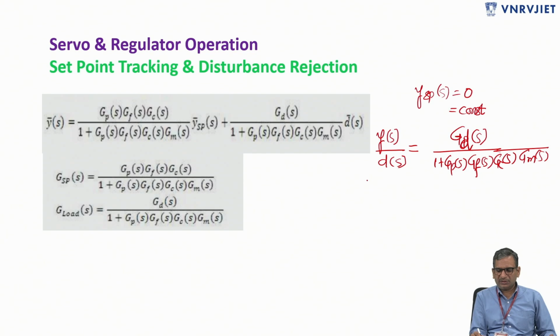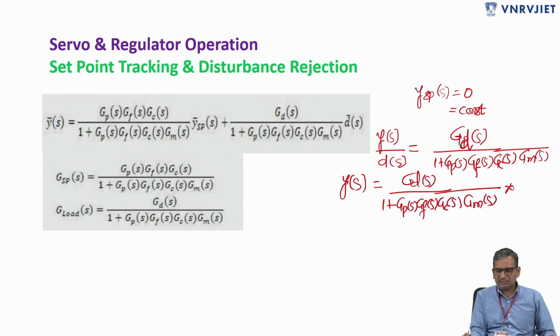If we rewrite the equation in terms of output, we'll get Gd(s) divided by 1 plus Gp(s), Gf(s), Gc(s) and Gm(s), multiplied by the disturbance variable D(s).